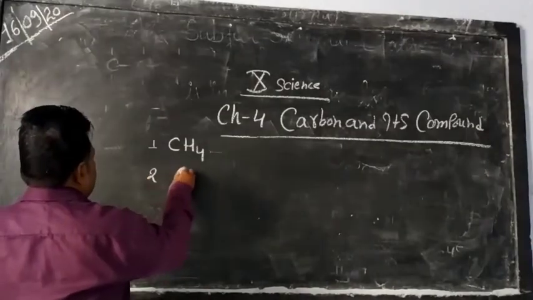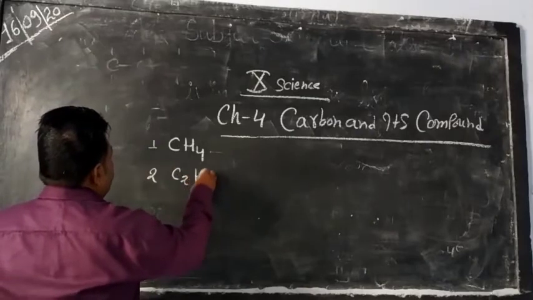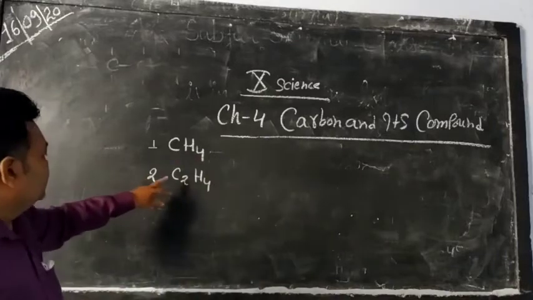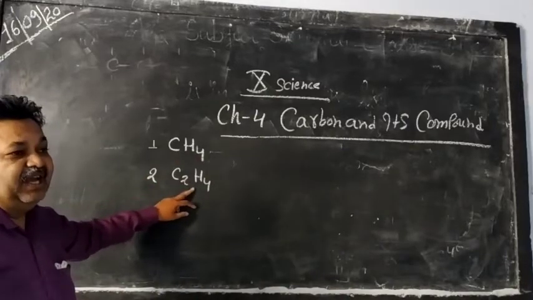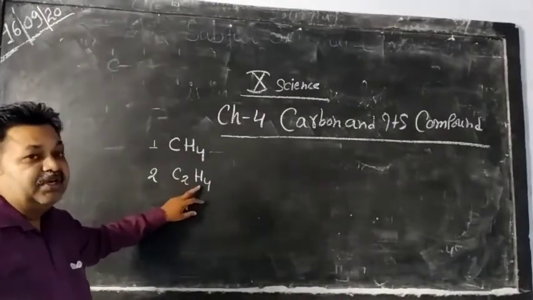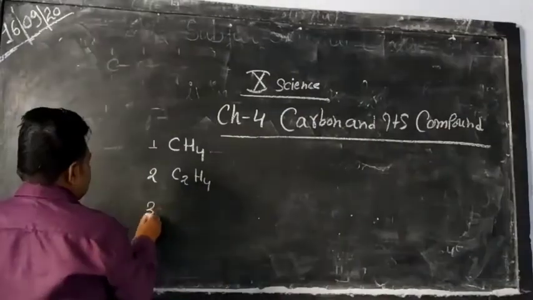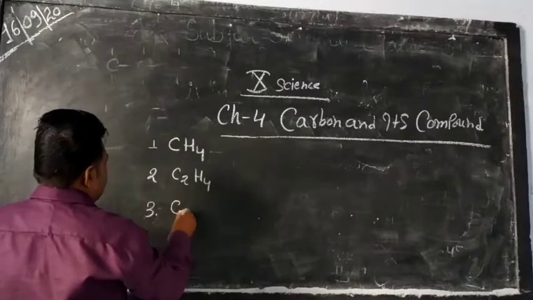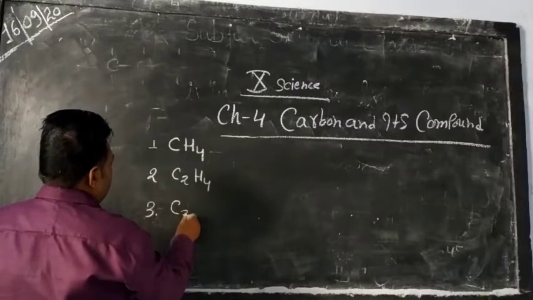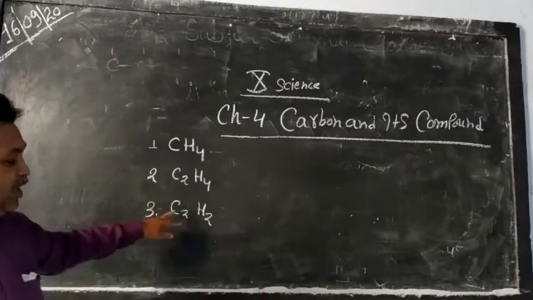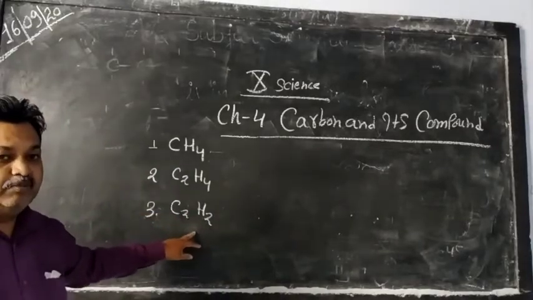Second one is ethene, and it is the example of double covalent bond. And third one is acetylene, C2H2. This is the example of triple covalent bond.